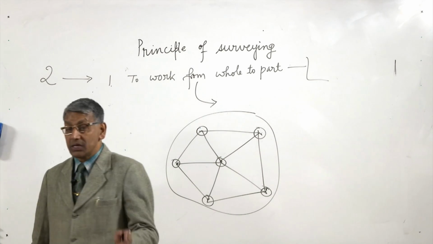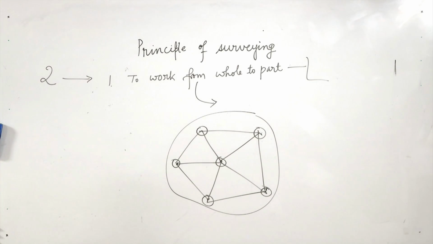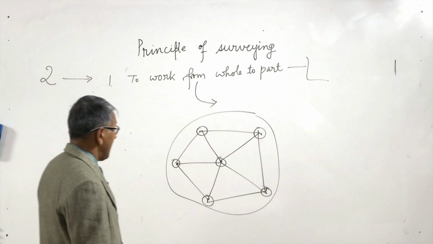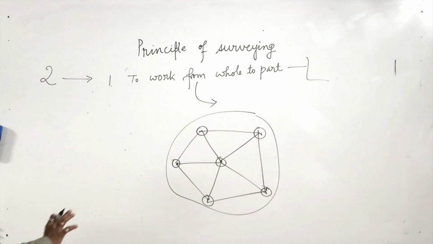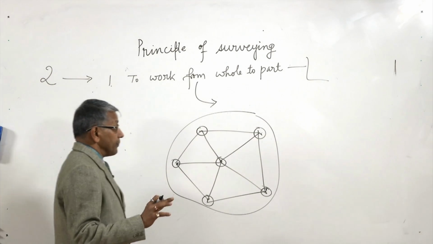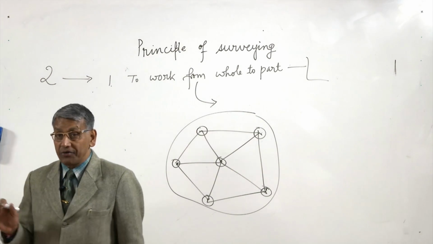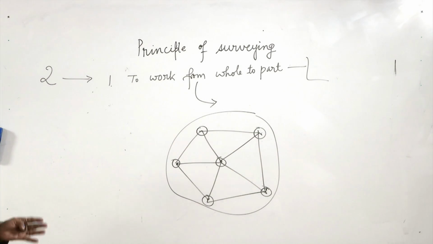Depending upon the accuracy, they will be primary, secondary or tertiary control points. We will first establish these, and depending on whether it is primary, secondary or tertiary, we will maintain the accuracy.